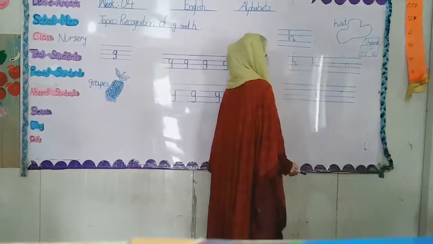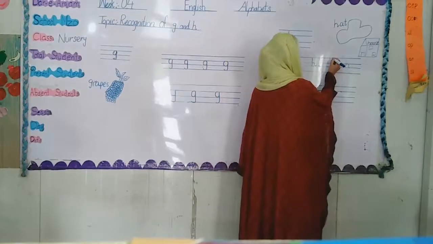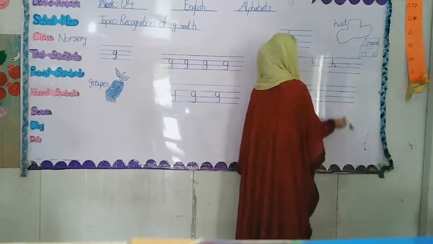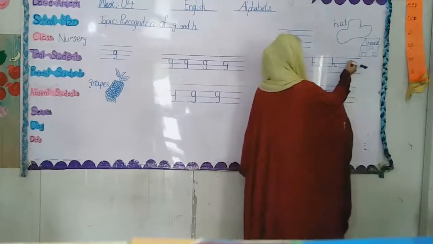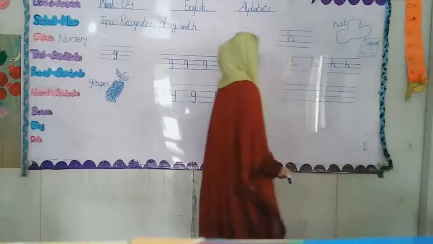It's H. Again, start from the upper line, move downward, then upward and make a curve. It becomes H. Again, trace the H like this.